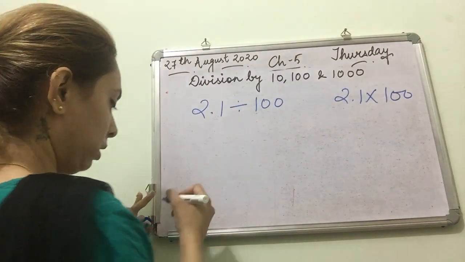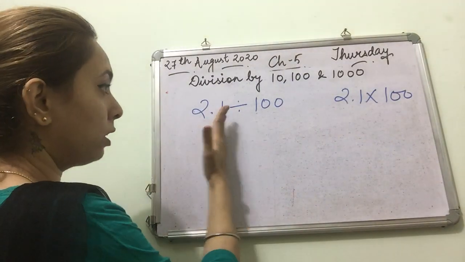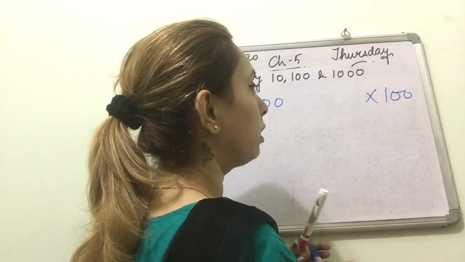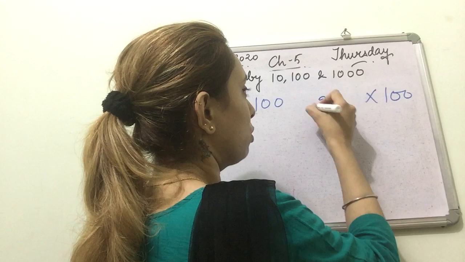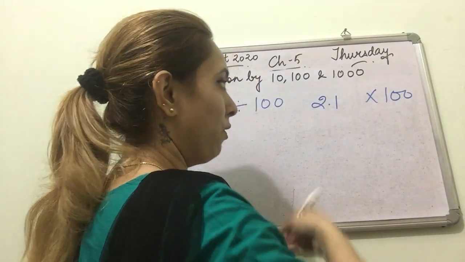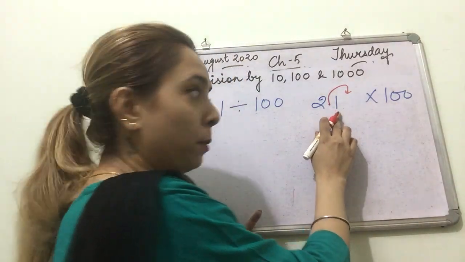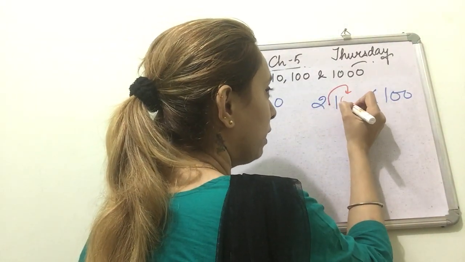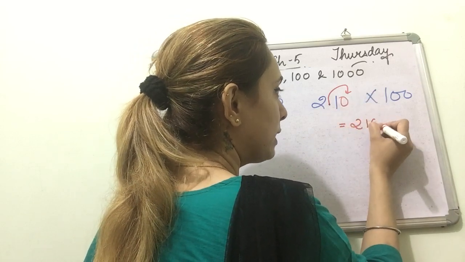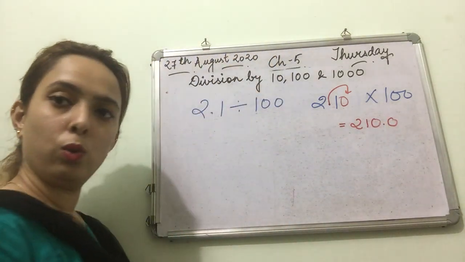Here we have to shift the decimal after two numbers, but we have only one number, so we will add a 0 and we will get the answer as 210.0.